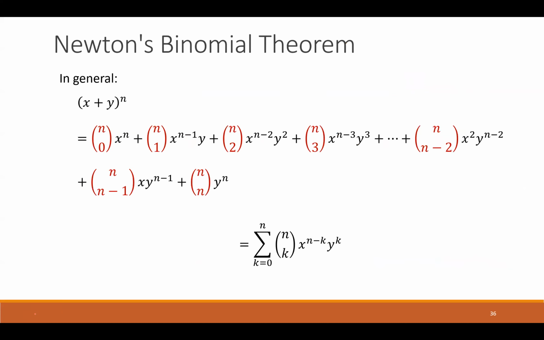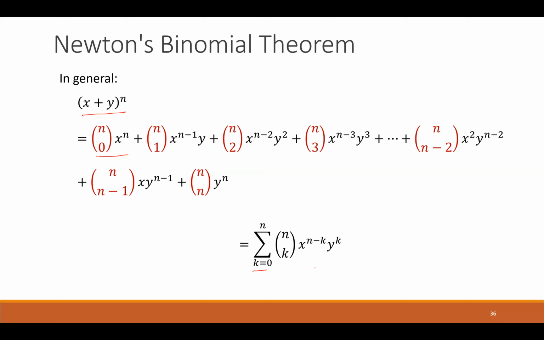All right. So in general, this is called Newton's binomial theorem. So x plus y to the power n. So this is basically what we were just looking at, all of these polynomials. If I expand it out, in general, I get n choose 0, x to the n, plus n choose 1, x to the n minus 1, y.